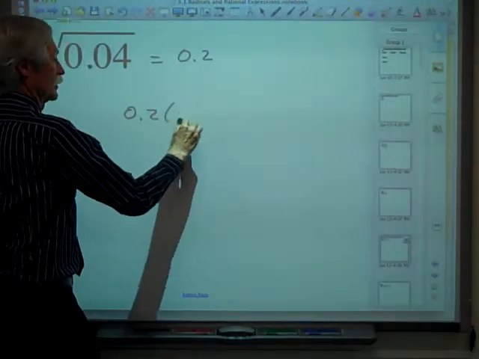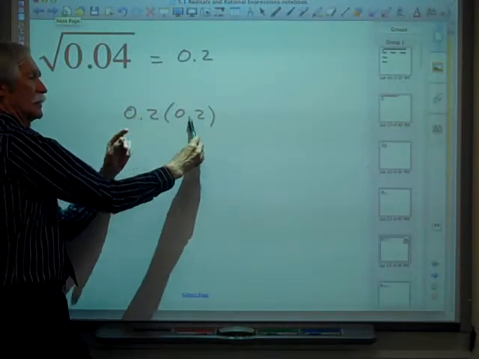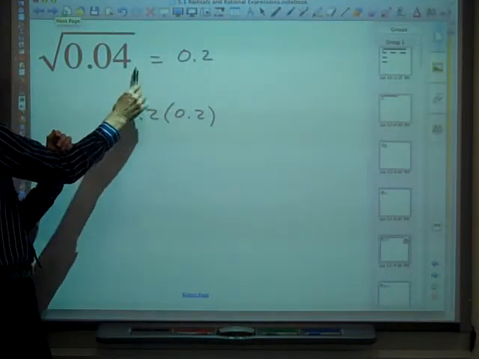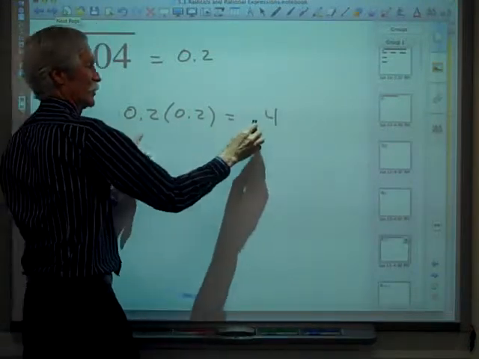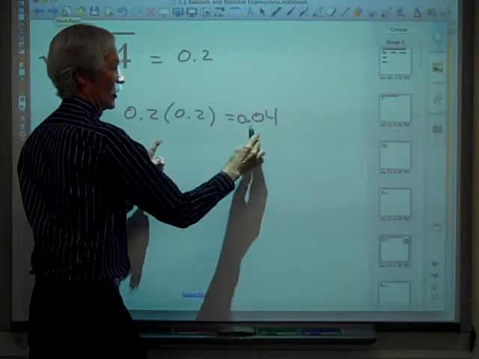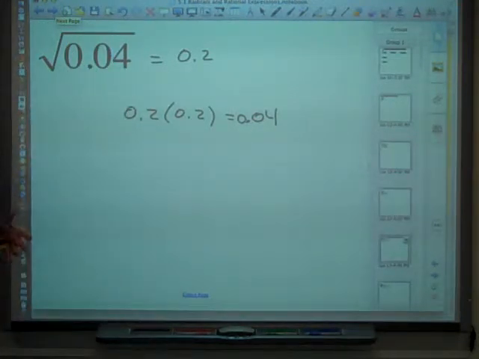Because 0.2, how many decimal places do these have? 2 decimal places. So this will be 2 times 2 is 4 with 2 decimal places. Okay, with that idea?